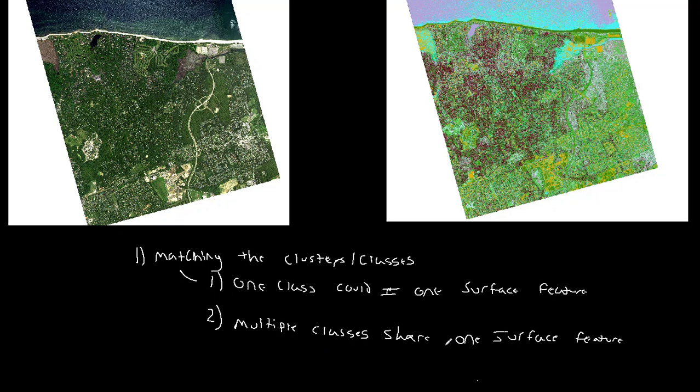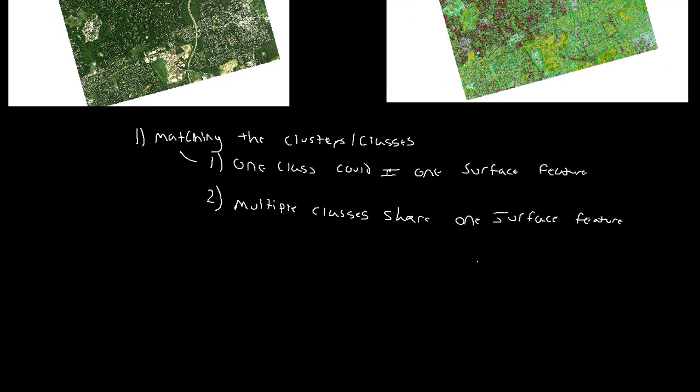So if we have multiple classes that share one surface feature, we typically need to do what's called merge classes, and that's where we make multiple classes into a single class.